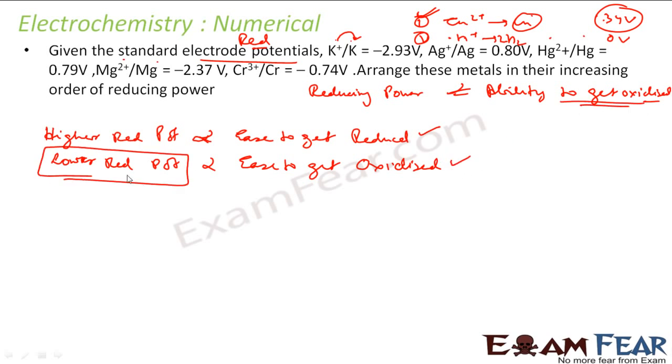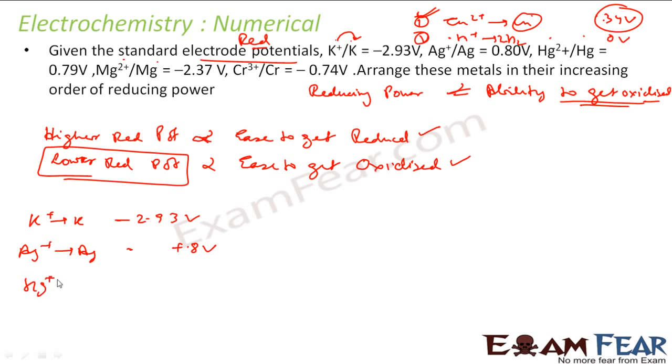That means the one which has least reduction potential will be oxidized first. So which has the least reduction potential? So let's see the values here. Let's put the values in ascending order, right? Let's put first K+ to K, it is minus 2.93 volt. Ag+ to Ag is plus 0.8 volt.